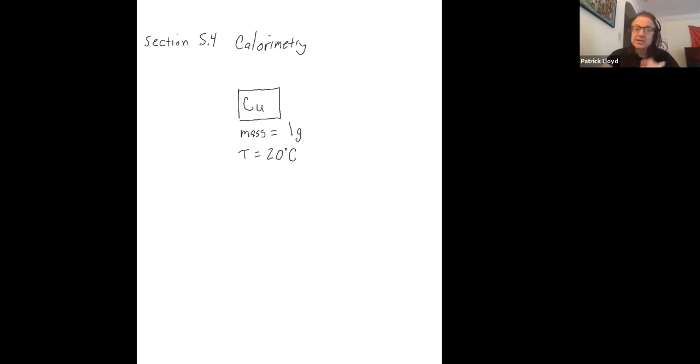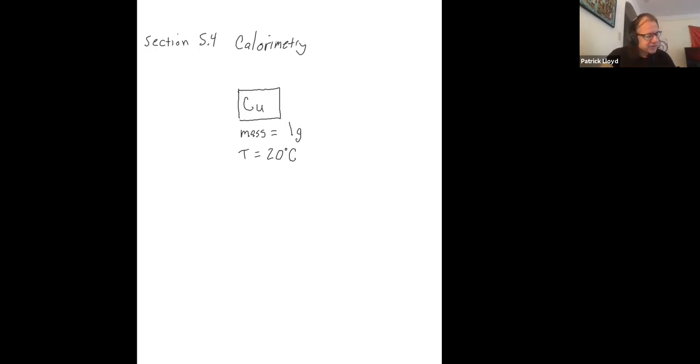Now, here's what we can do experimentally. There are nice, precise ways to do these measurements using electricity. What we can do is transfer energy to the copper. There are different ways to do it. You could do it through electricity. You could do it by putting it in an oven that is regulated at a temperature.